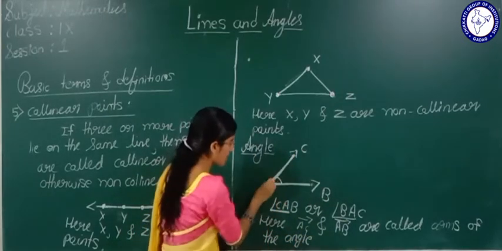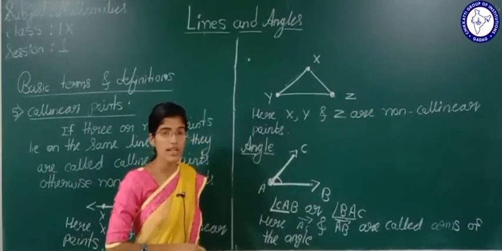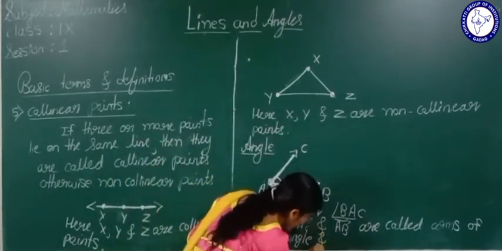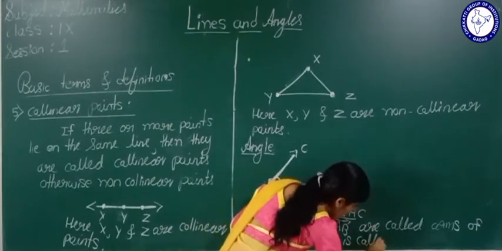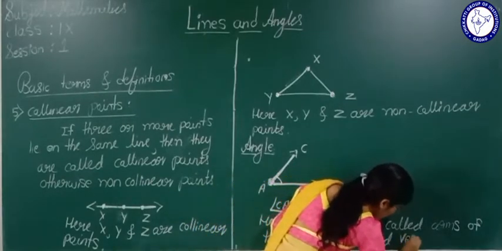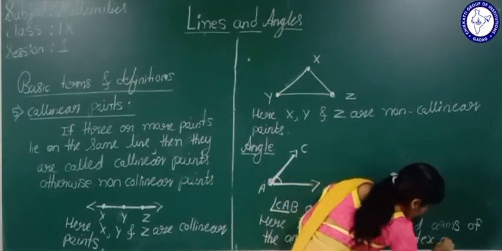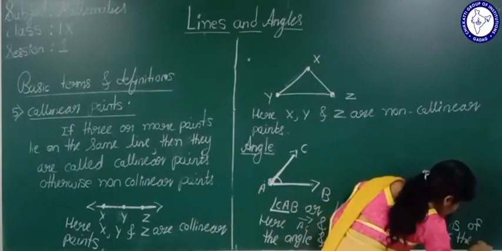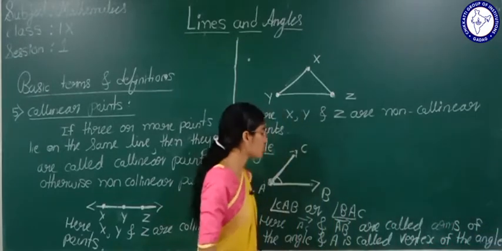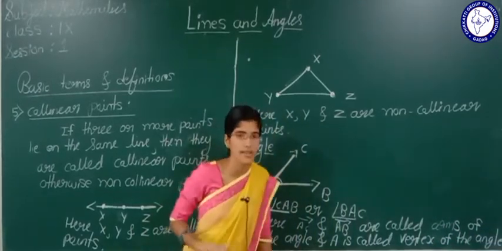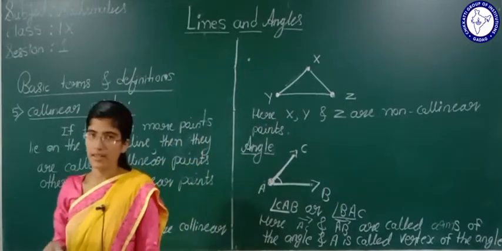Okay, and this A is called the vertex of the angle. Understood? Two rays which have a common end point will form an angle.